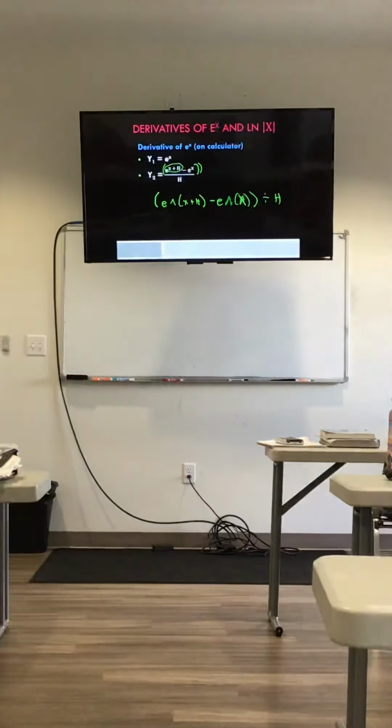All right, so what I have, the first function, that y1, is the original function. The y2 is the derivative formula, where I took the original function, replaced the x with x plus h, minus the original function all over the h. So that's our derivative formula that we talked about earlier this year.